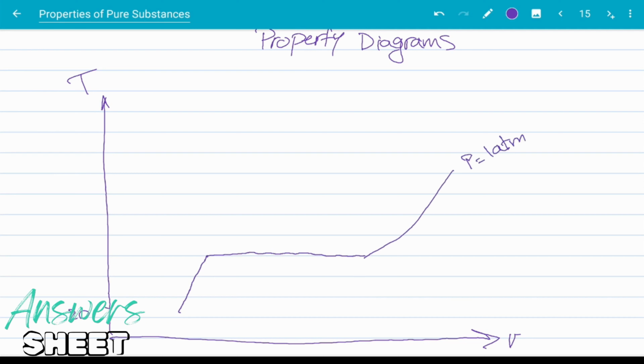Now, if we increase the pressure, let's say to 1 megapascal, what happens is that because of the additional pressure, our liquid at any given temperature has a smaller specific volume because it's been a bit more compressed. So at 20 degrees, we start at a smaller specific volume.